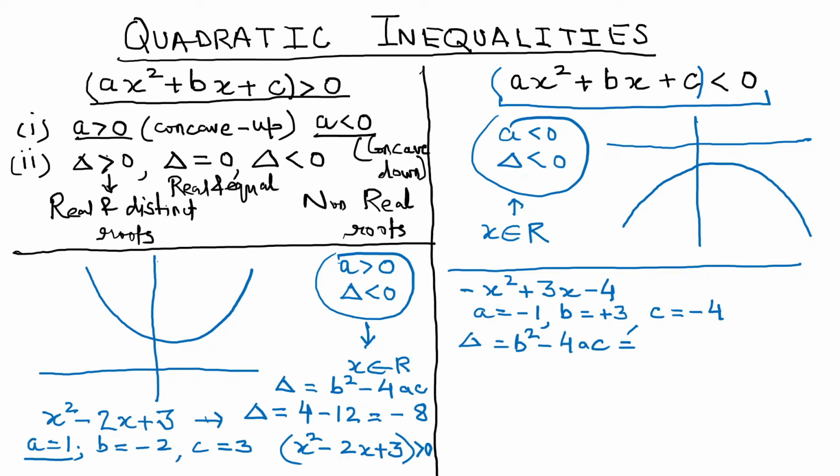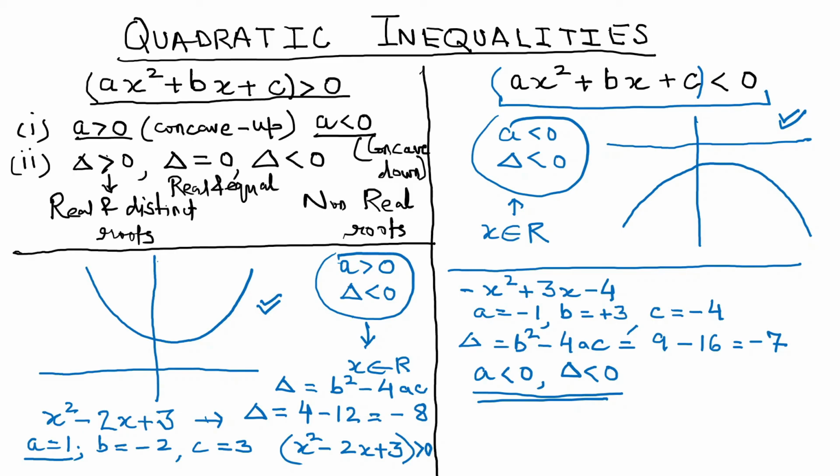So the value of delta here will be 9 minus 4 into minus 1 into minus 4, which is 9 minus 16, which is minus 7. Now a is negative, so is the value of delta, which is negative. Henceforth, the graph which you will draw would be the same graph which we have drawn here, a similar graph.